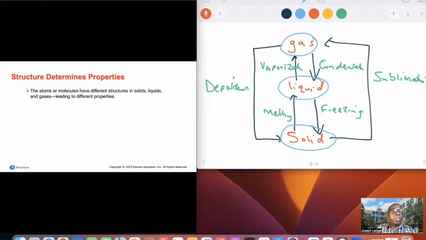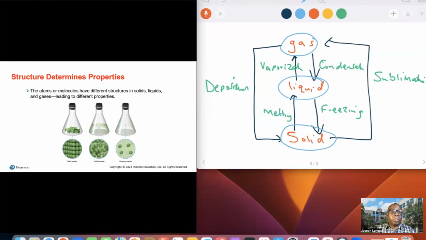Structure determines the properties of atoms. This just represents solid matter, liquid matter, and gaseous matter. If you look at how atoms are packed, in solids they are rigid, in fixed positions. In liquids, even though atoms are in contact, they are able to roll over one another.